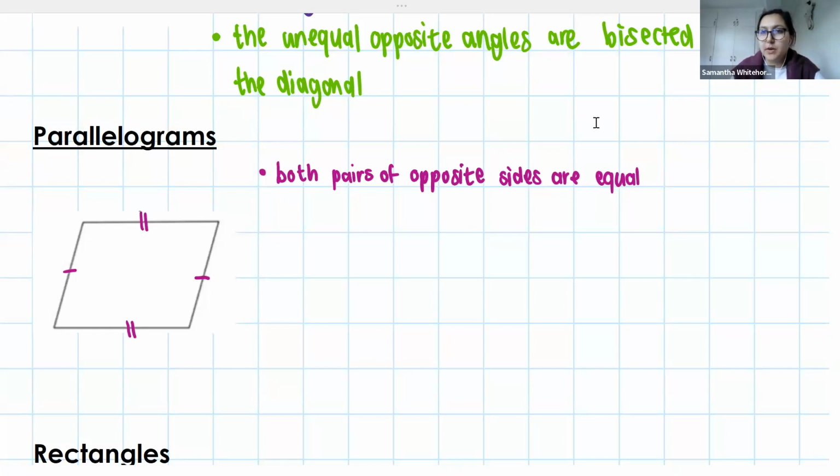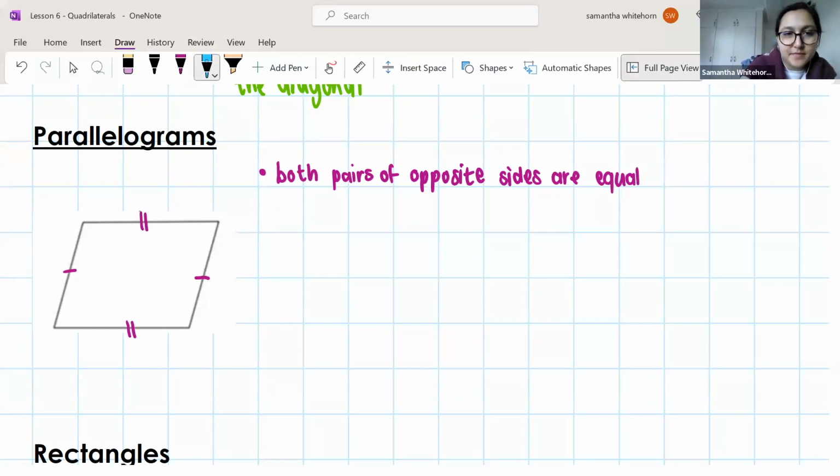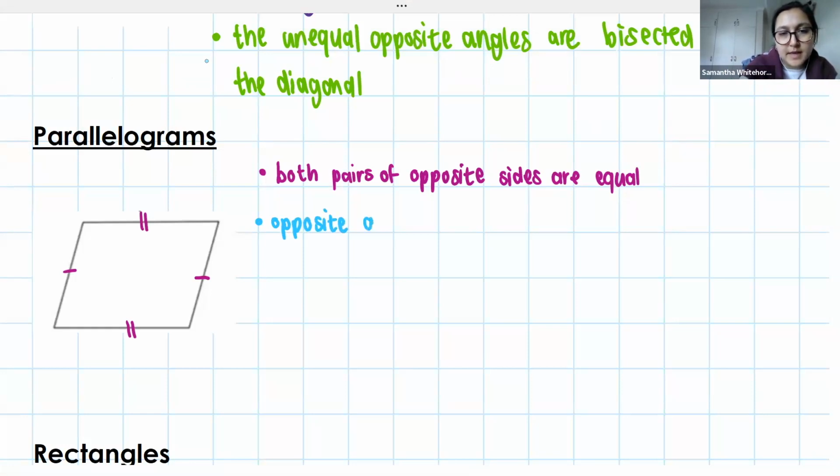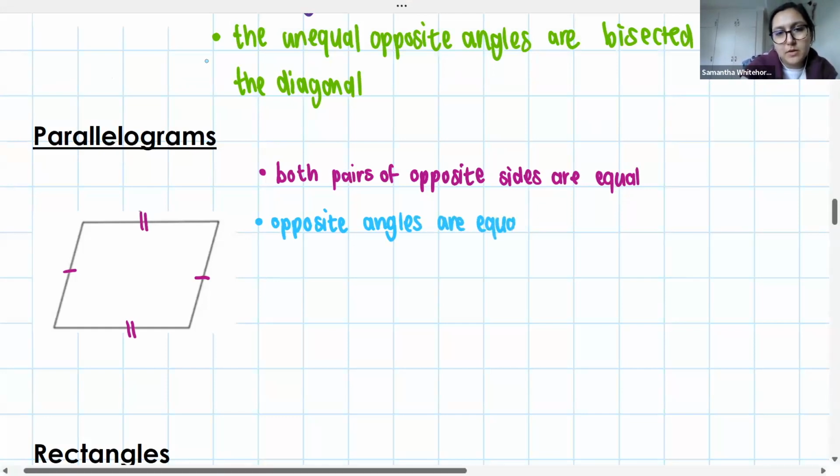Oh, sorry, my nose. Okay, Kutlano? The opposite angles of a parallelogram are equal. Perfect. Opposite angles are equal.